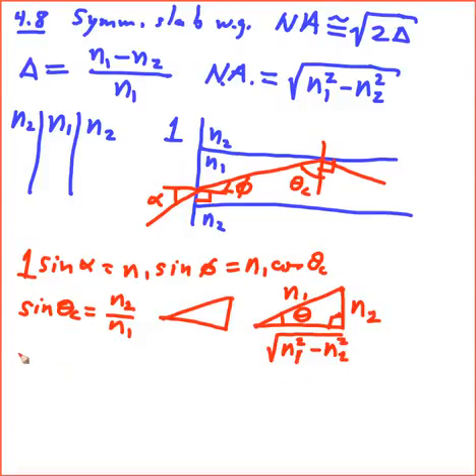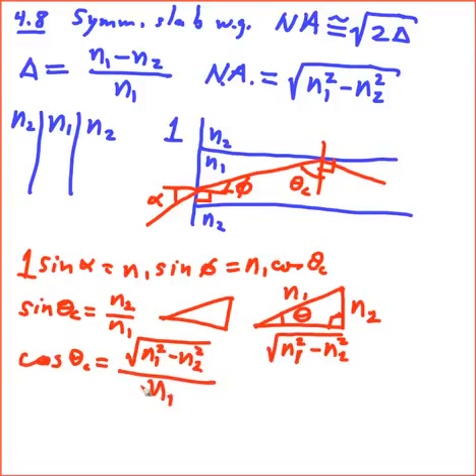And so we can write that the cosine of this angle is the adjacent over the hypotenuse, the square root of n1 squared minus n2 squared all over n1. Hope you can read that.